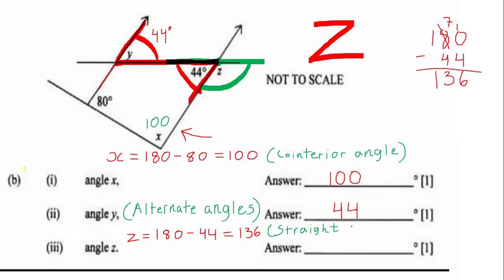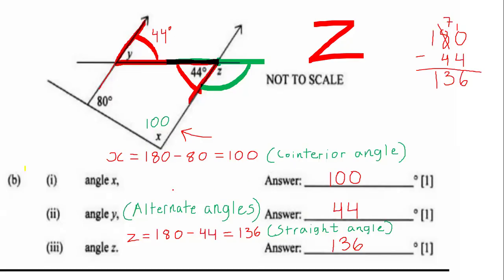Yeah, sometimes. Straight angle. Just don't do it in the exam. No, I won't. That's good. Straight angle. So that means this is going to be what? 136 degrees. Very good. Because angles on a straight line add up to 180 degrees. So that's how we got that.